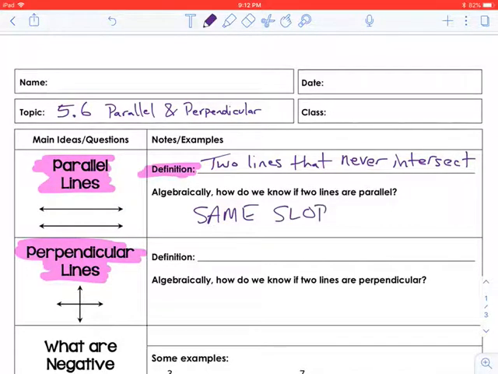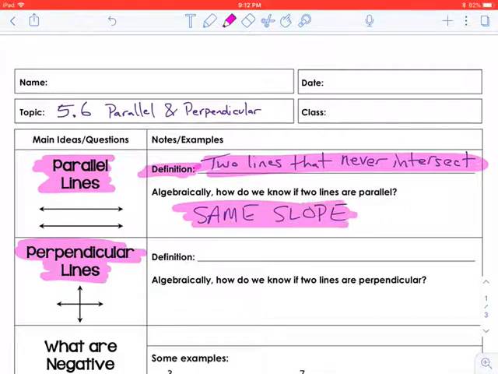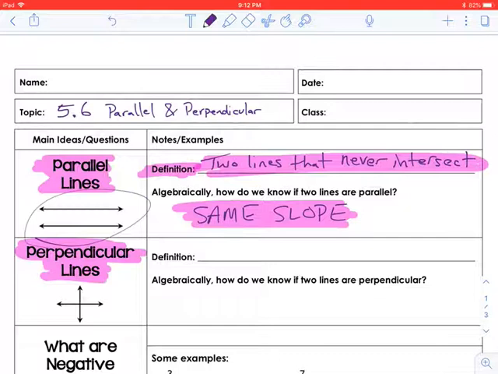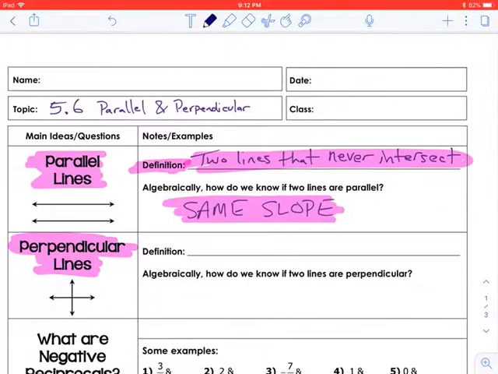So two lines that never intersect, or in other words, they have the same slope. You can kind of see that in the picture here. Those are parallel lines.